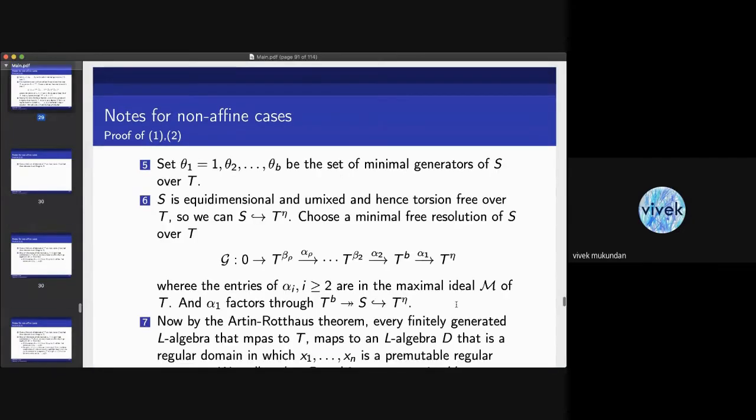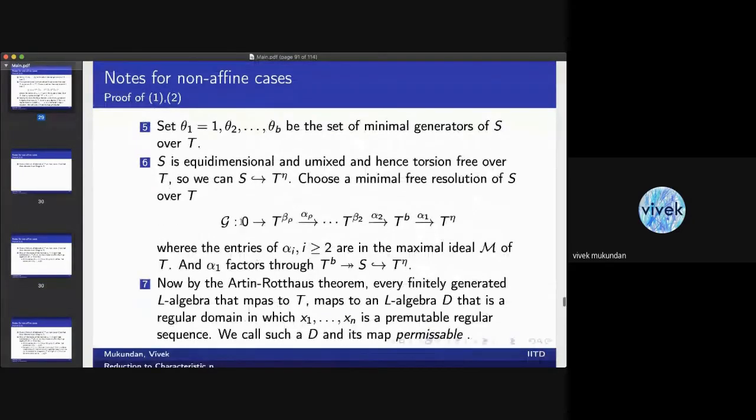Now, one thing you should note here is that this is actually a free resolution. So by the Buchsbaum-Eisenbud theorem, you can see that the rank-level minors of these maps have depth at least i. That's the Buchsbaum-Eisenbud acyclicity theorem.